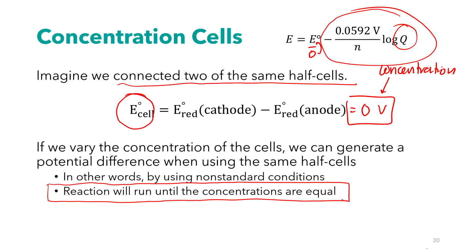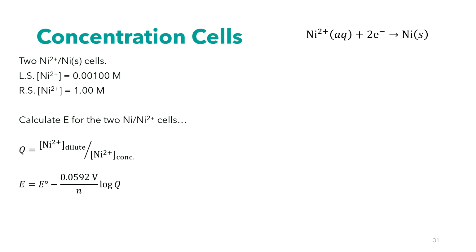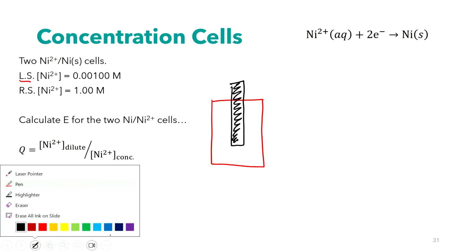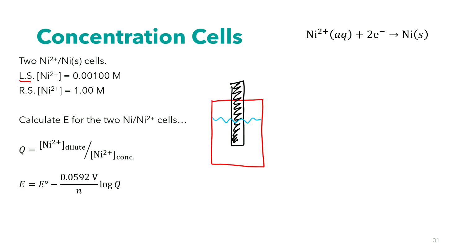All right? So let's look at a concentration cell. We're going to look at 2 nickel half cells, but they have different concentrations of nickel. So on the left side, that's what my LS stands for, I have 0.001 molar. So here's my nickel electrode, and it's in solution. And in solution, I've got some nickel 2+.